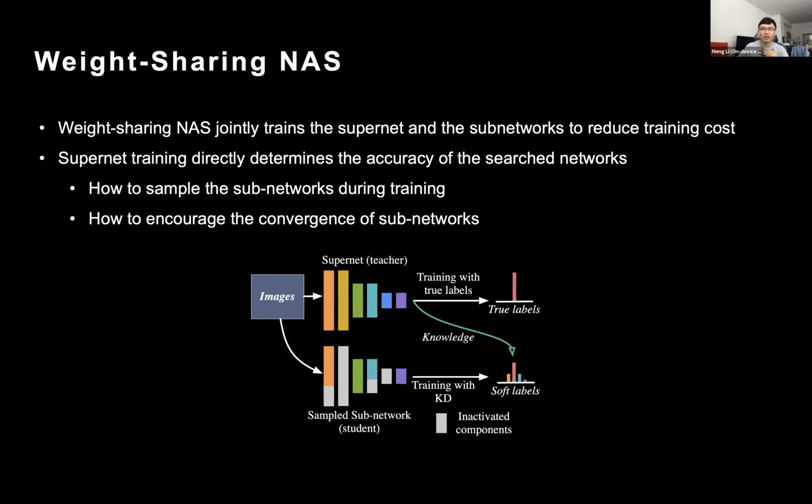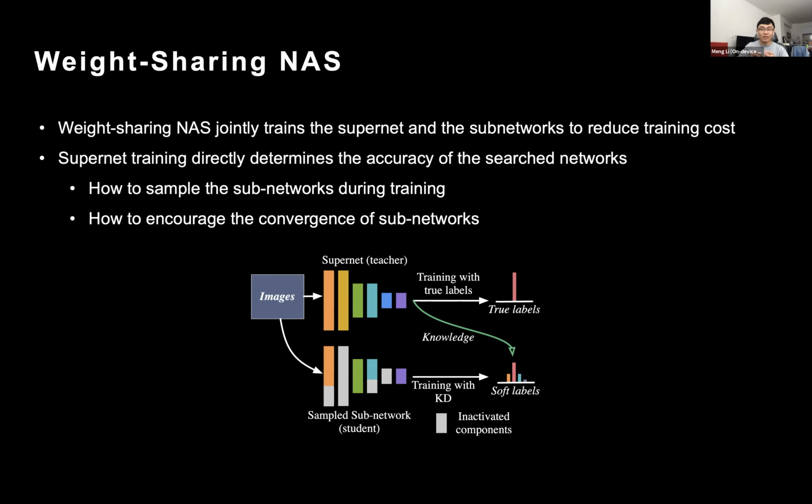The basic training procedure for supernet training is shown in this figure. So for each batch of the training data, the cross-entropy loss is first computed for the supernet. Then several subnetworks are sampled in the search space, and the outputs for the same batch of data for each network are computed.